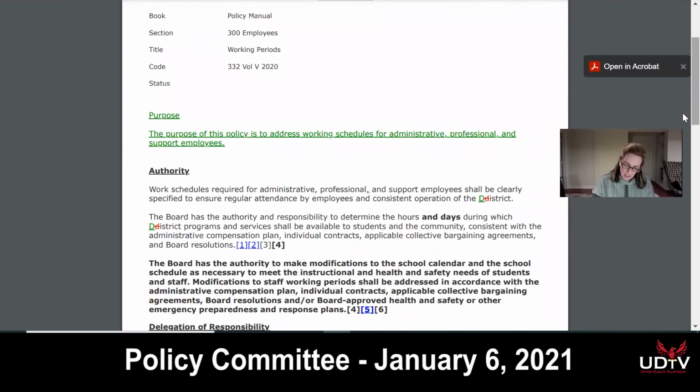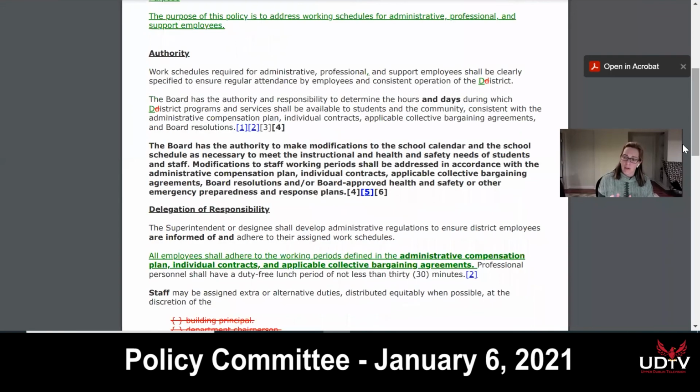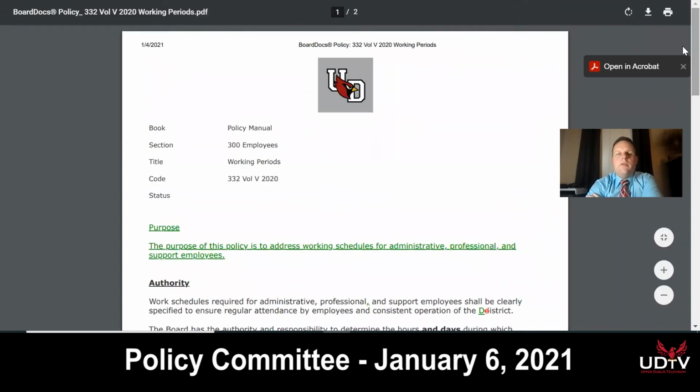Yes, and some of the questions I had in my first review of this, I had asked you if it coincides with all of our labor agreements, and you have confirmed that that is the case. And thank you again for going back and putting those purpose statements in. There's nothing earth shattering in any of these policies. And if there were, Ms. Kitten and I would bring that to everyone's attention if there was any type of misalignment between what was going to be in policy and what would be in a collective bargaining agreement or individual contract.